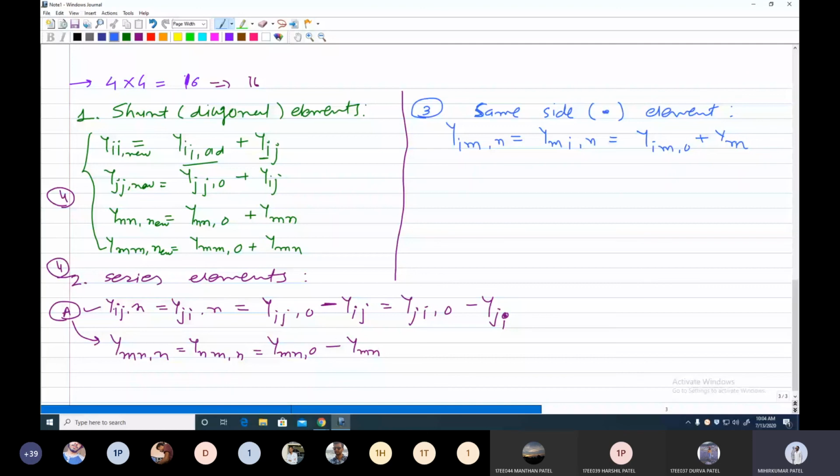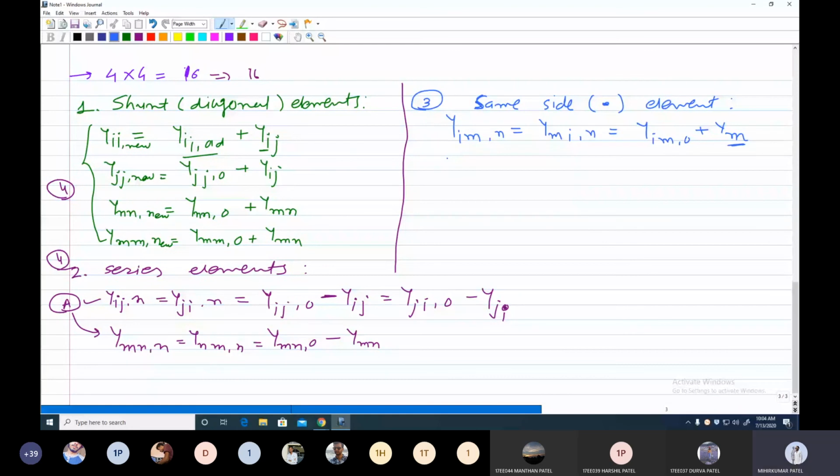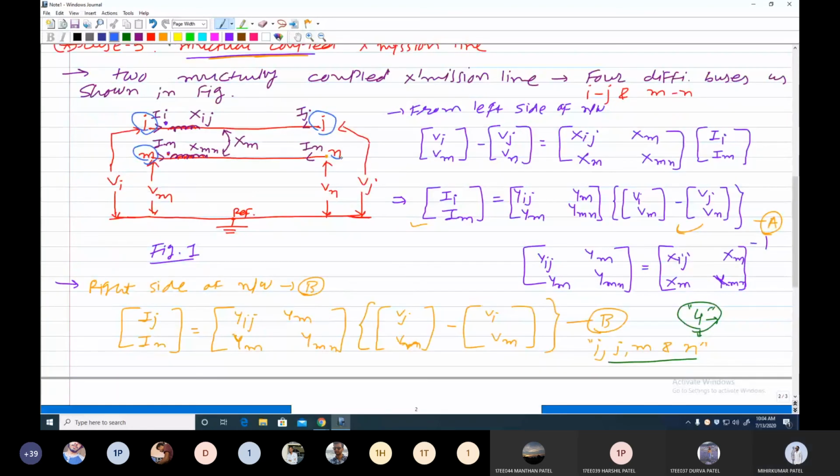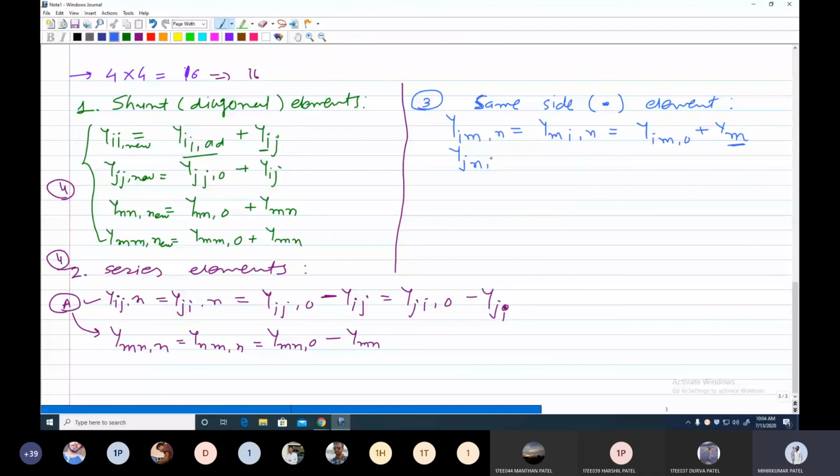Similarly, from the right side, who will help me to write down the equation for this right side? J and N. Yes, YJN new, which is equal to, what is the value of this new element which is located at the right side?